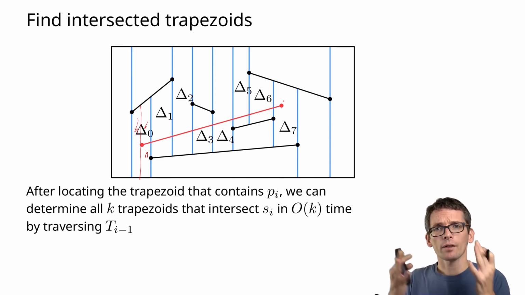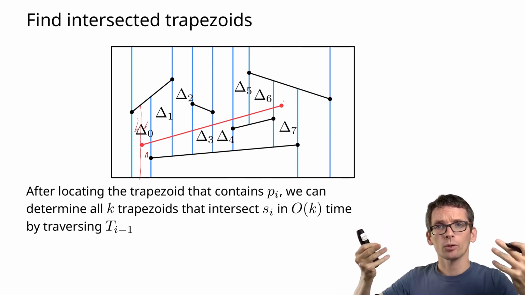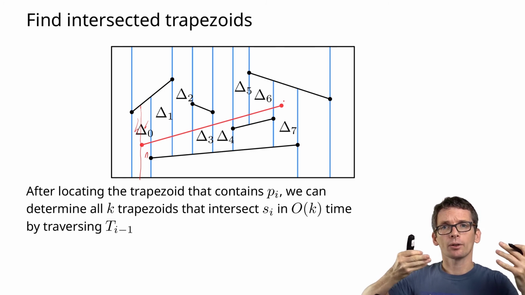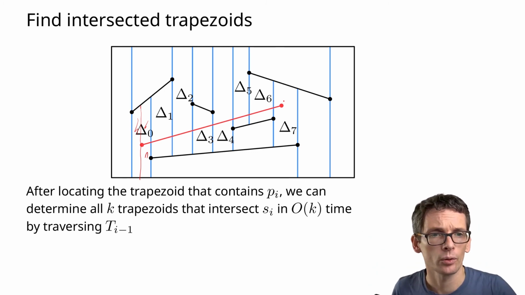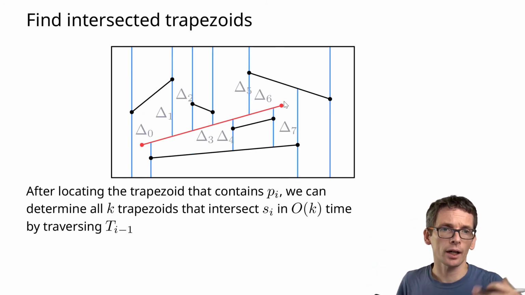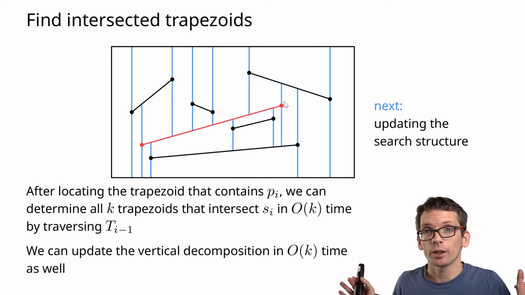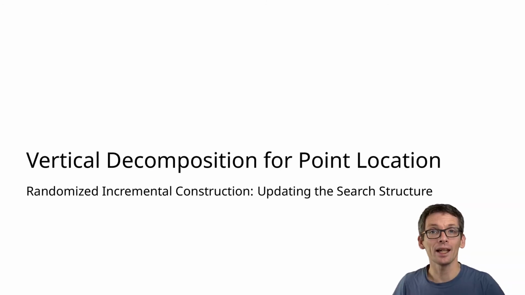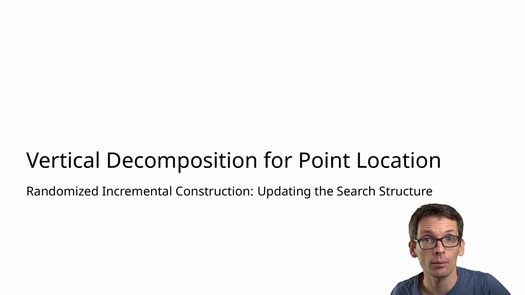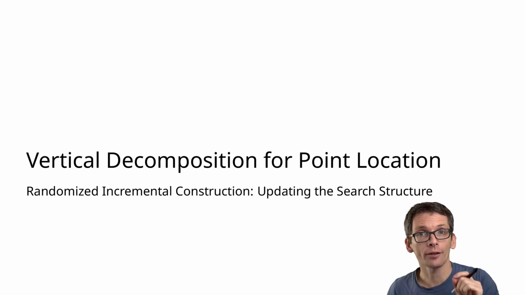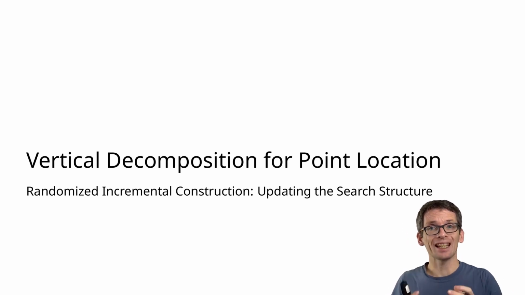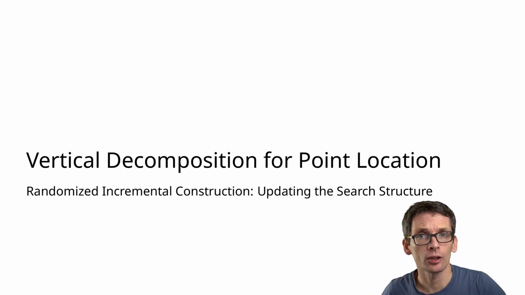But overall, if I have k trapezoids that I'm going to remove, I'm also creating order k new trapezoids. So these need to go out and they would be replaced by this. And that's how we update the vertical decomposition. We are in the middle of the randomized incremental construction of the vertical decomposition. We've seen how to update the vertical decomposition as such.